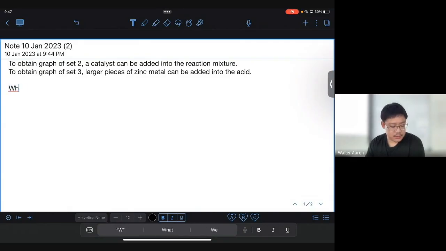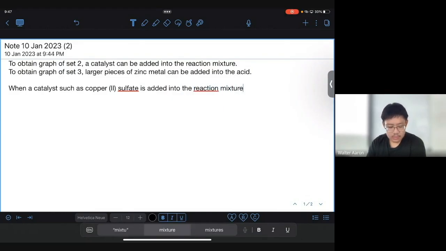When a catalyst such as copper 2 sulfate is added into the reaction mixture, it can increase the rate of reaction.